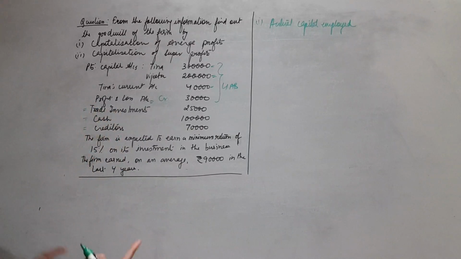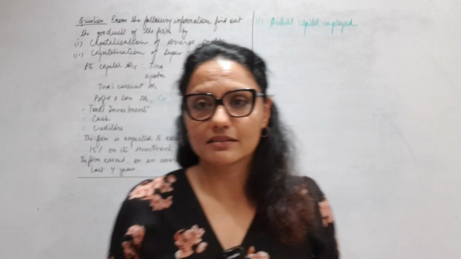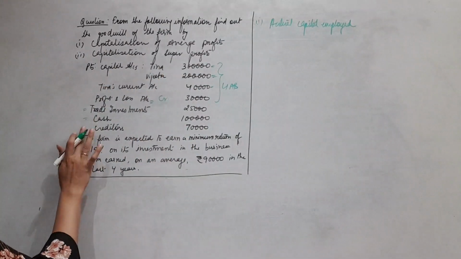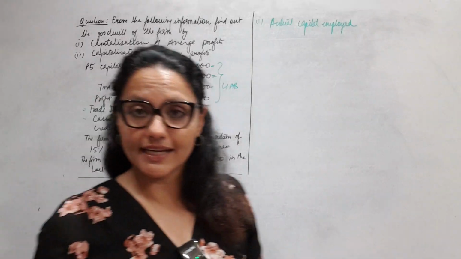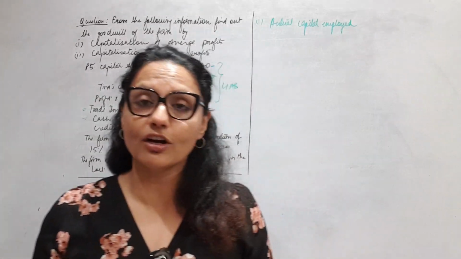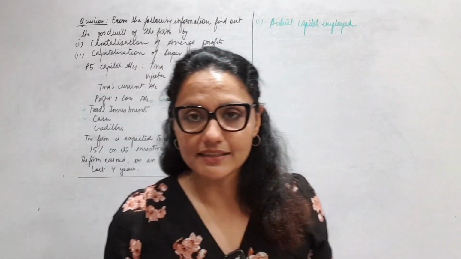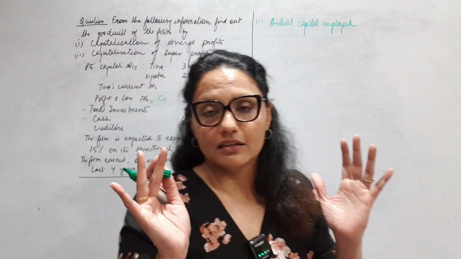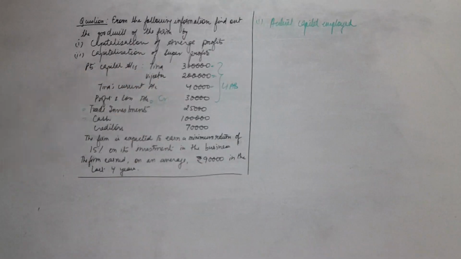Anything that I have to subtract from here? Trade investments, cash, creditors. Creditors, of course, is given here, the liability side, that is the outside liability. Of course, we don't add it for finding capital employed from the liability side, isn't it? It's only the capital, meaning partners' funds invested in the business. So creditors, of course, I'm not taking.